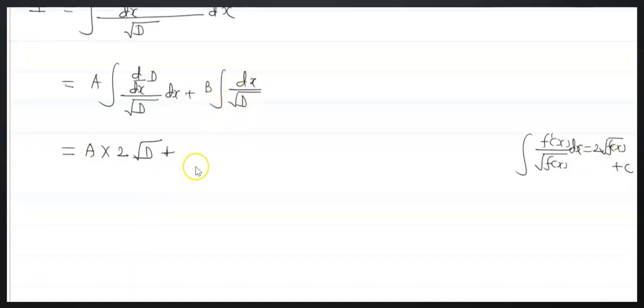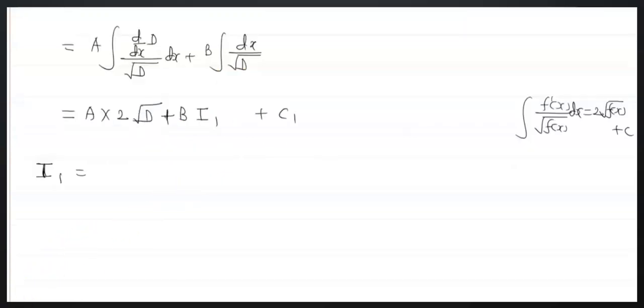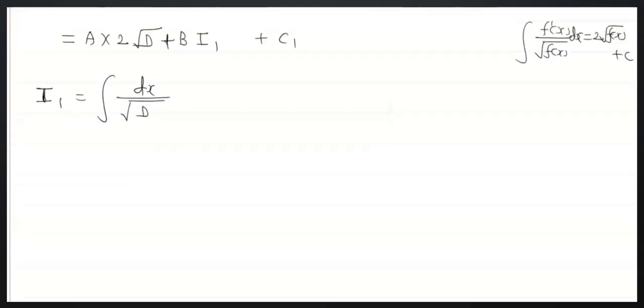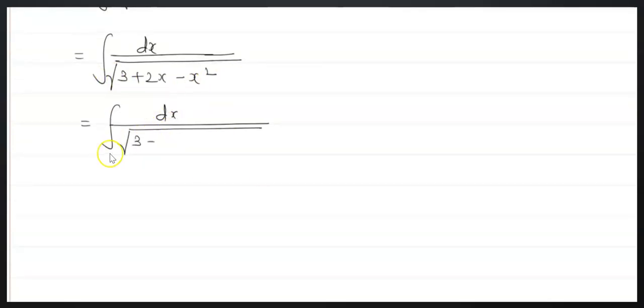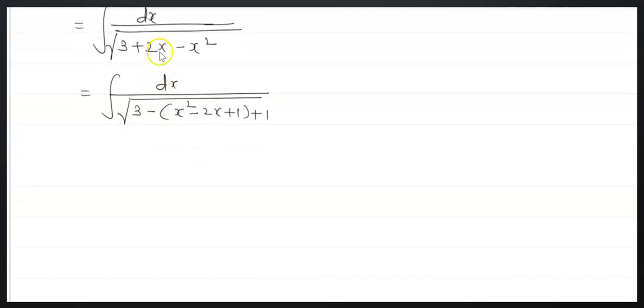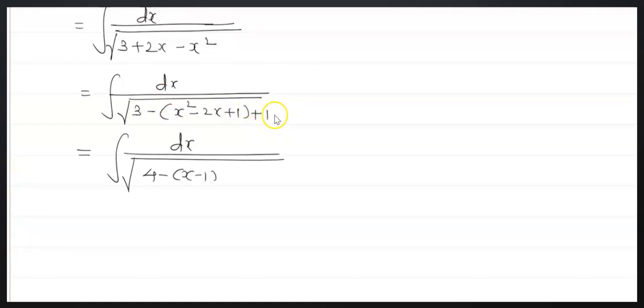Now evaluate I1, integral dx upon root of 3 plus 2x minus x square. Take minus sign common from the last two terms, then you will get x square minus 2x. The second term is 1, 1 square is 1. Here actually we are subtracting minus 1, balanced by plus 1.